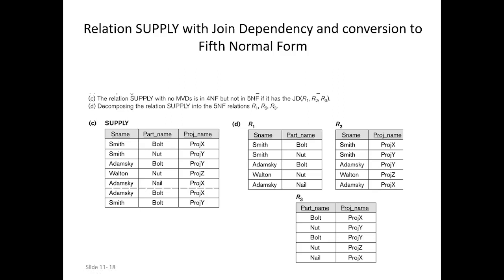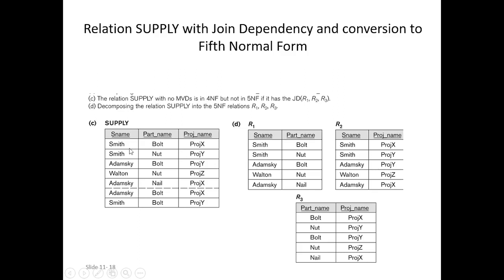Then this constraint can be restated using a join dependency, that is JD of R1, R2, R3. Among the three projections, we have R1, that is S name, comma part name, R2, that is S name, comma project name, and R3, that is part name, comma project name, of supply.